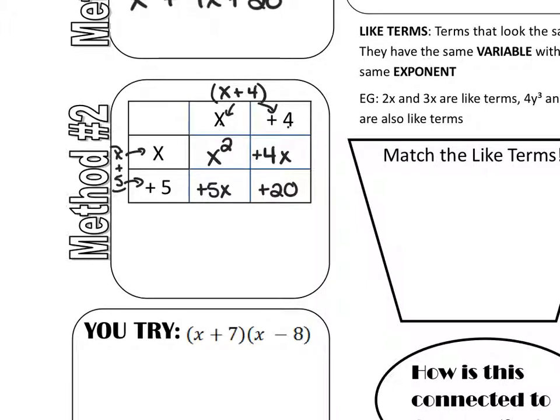Now you can easily see that here are like terms. They look the same, so we add them together to make plus 9x. Then you put each of your terms together: x squared plus 9x plus 20. Notice we got the same answer. We just did it a little bit differently.